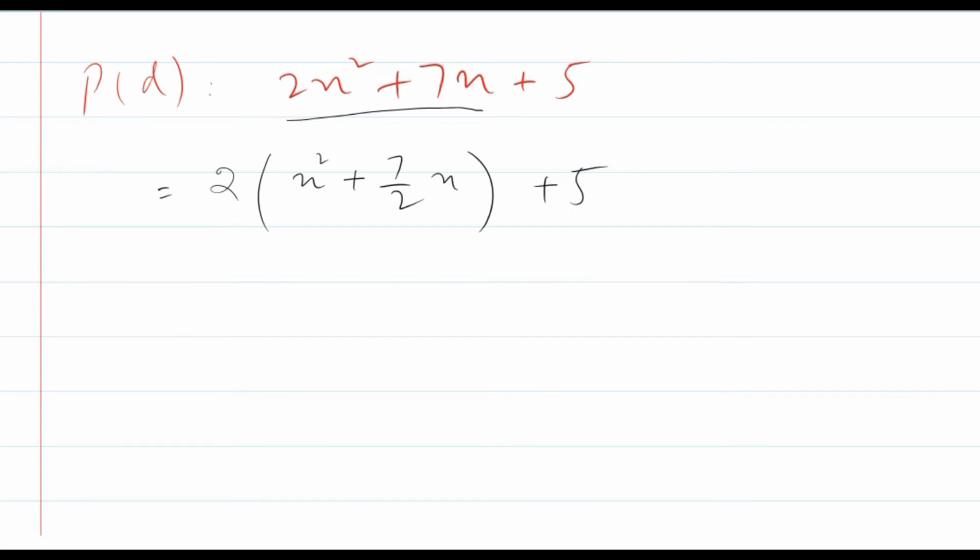And now apply the formula, which is x square plus 2dx is equal to (x plus d) whole square minus d square.